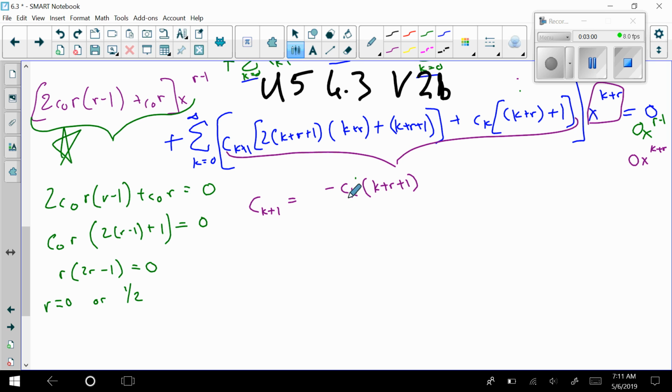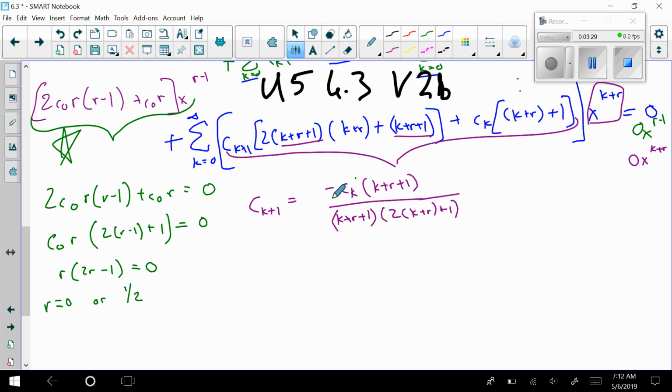And then on the bottom, this is where it's super helpful. You see that this has a k plus r plus 1, so does this one. So maybe I'll take that out. That's a k plus r plus 1 times, well, what's left then? It's a 2 times k plus r, and now it's plus 1. Don't forget that there is a plus 1 there.